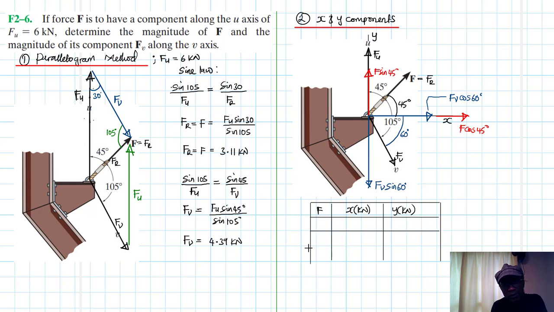How many do we have? We have 3 of them. All right, let's fill it in. So we have Fu, we have Fv, and then we have Fr.